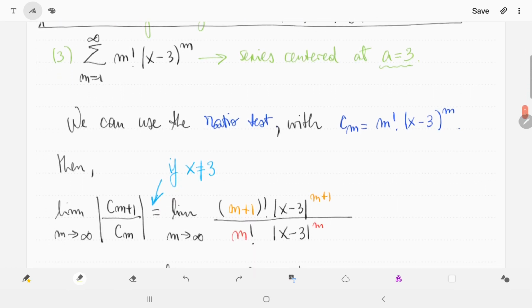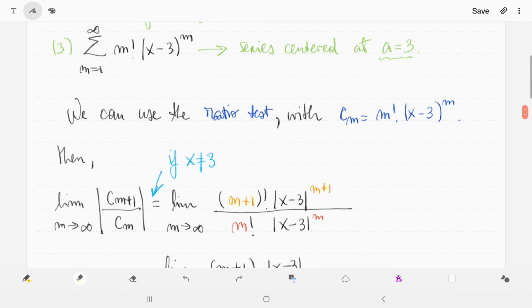And third and last example of this part is this other series. We have this expression, which is m times (m-1), (m-2), until 2 times 1, so all the numbers. The product of all the numbers less or equal than m.